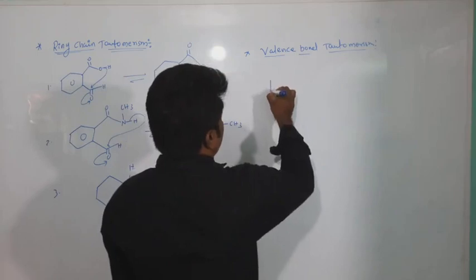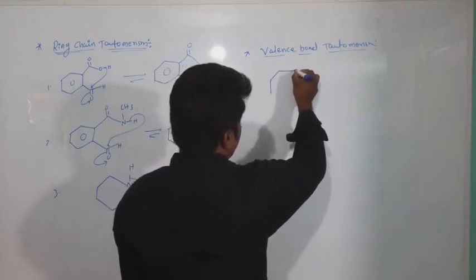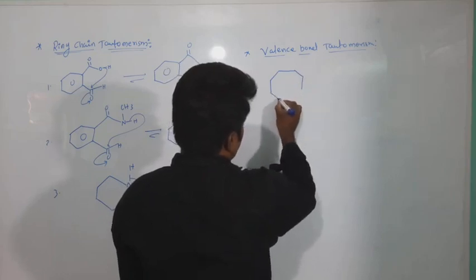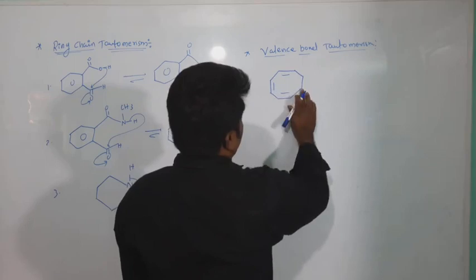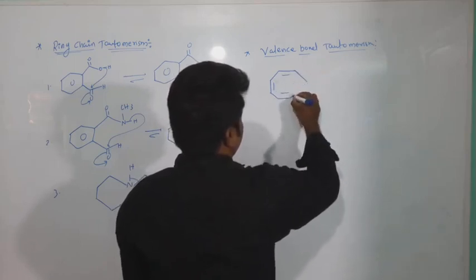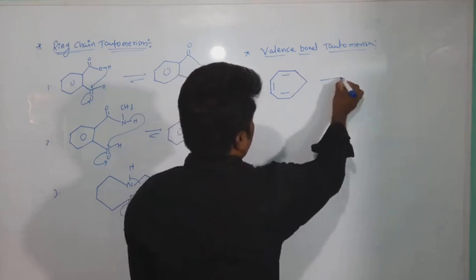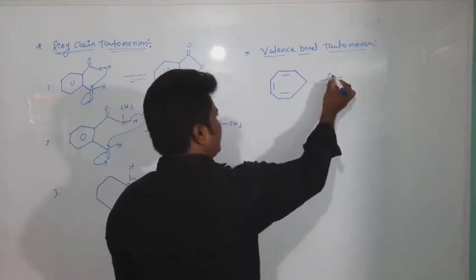See here, this is one compound. Actually, this is a 7-member ring, like this. Now this undergoes delocalization when you heat it.